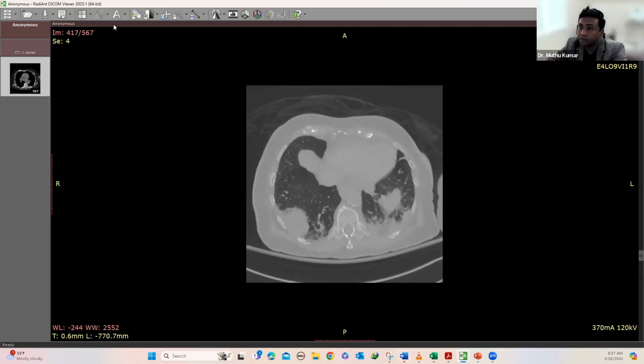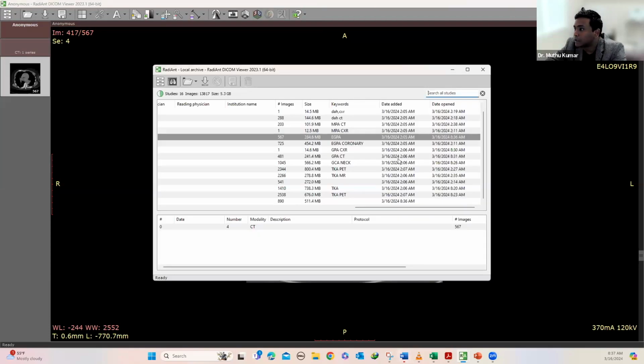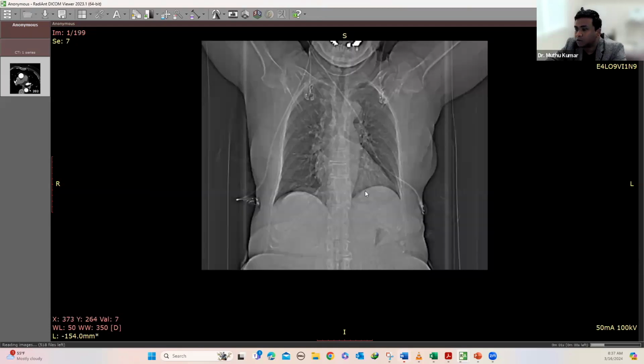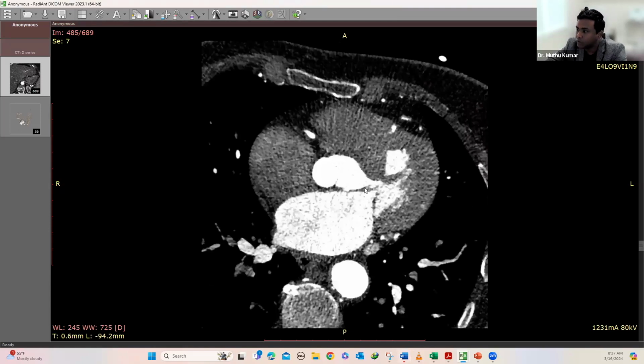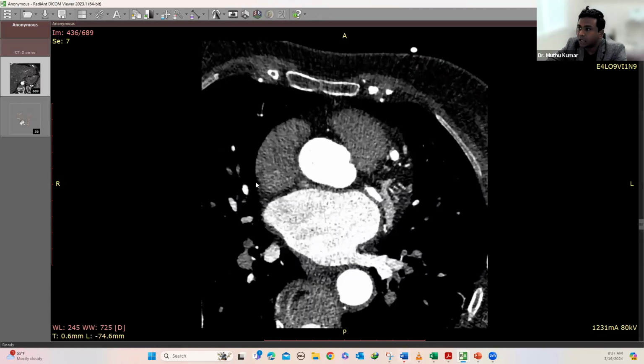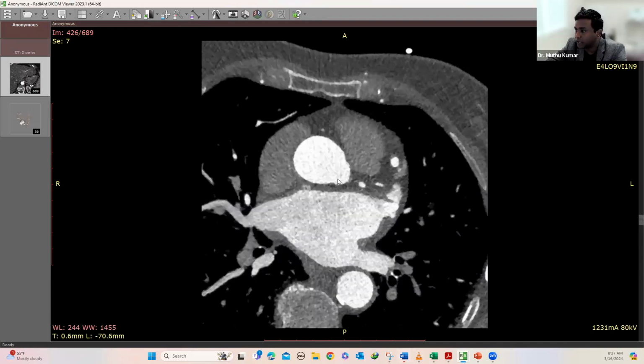But at the same time, the patient had a coronary CT a few months back. When I went back and looked at it, this was done at an outside hospital. When we looked at the coronary CT, it was reported as the patient did not have any evidence of coronary artery disease.